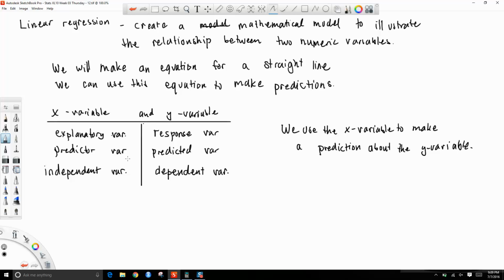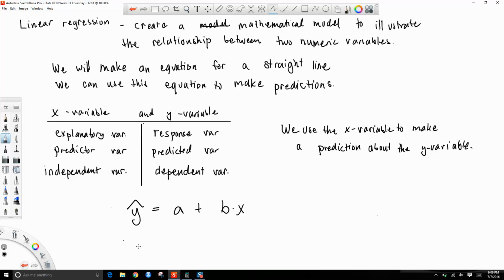And so when we create an equation, the equation will be in the form y hat is equal to a, this is the letter a, plus b times x.